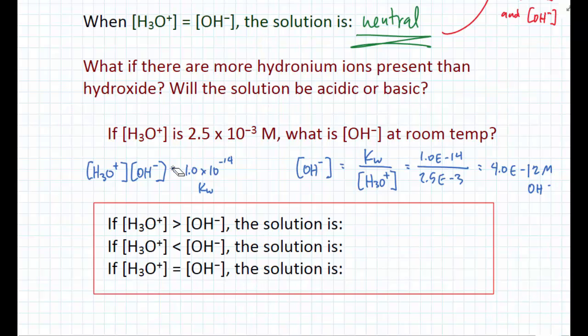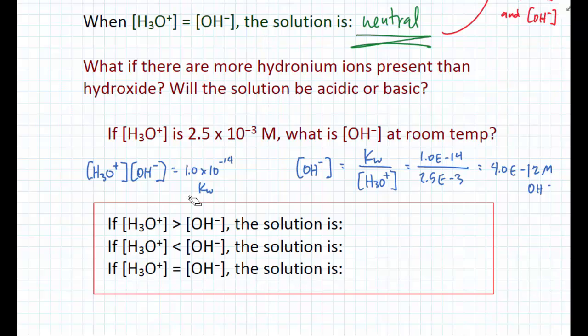Because this equilibrium will always reestablish itself, any acid we add will lower the hydroxide concentration, okay? And vice versa. Any hydroxide we add will lower the hydronium concentration. The only time they're equal is when the solution is neutral, at 10 to the minus 7 each for both of them.